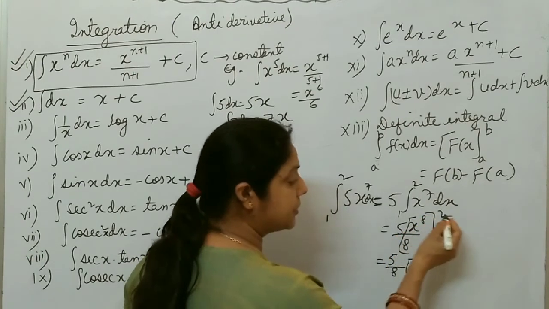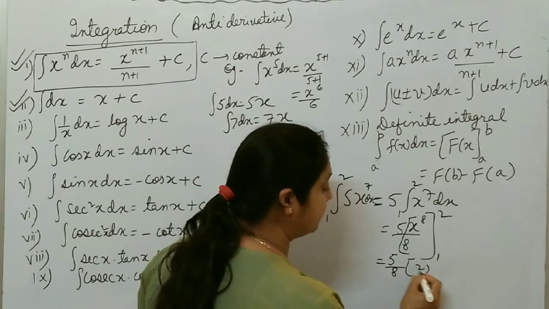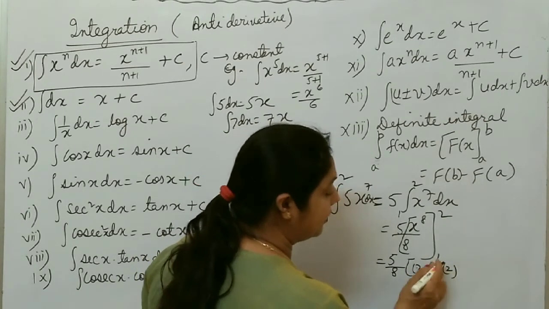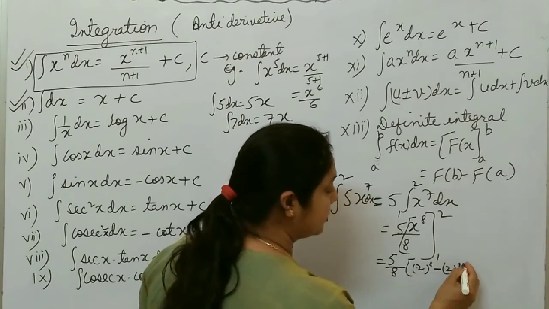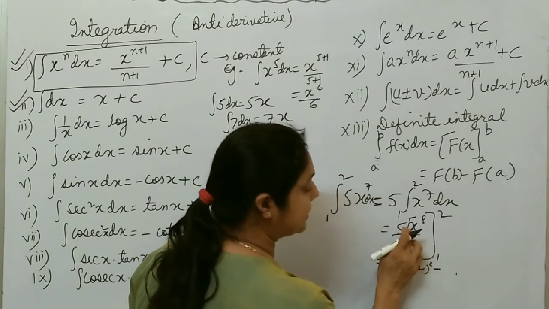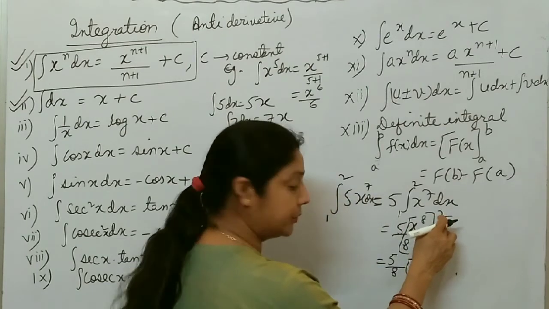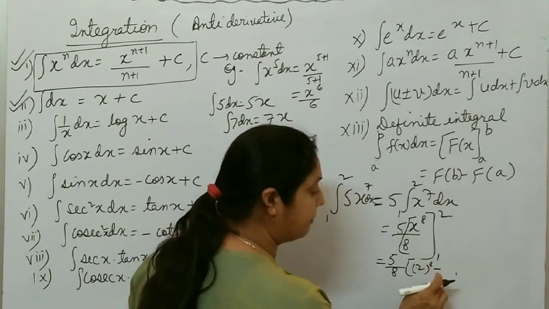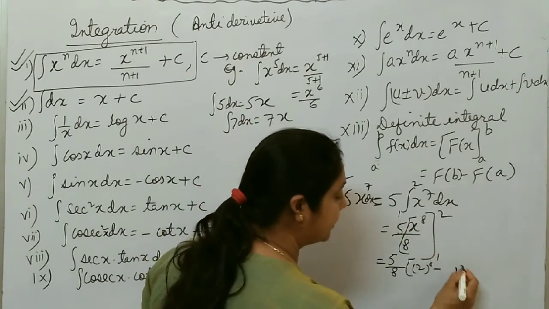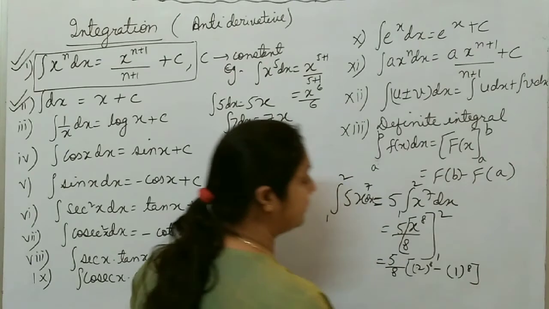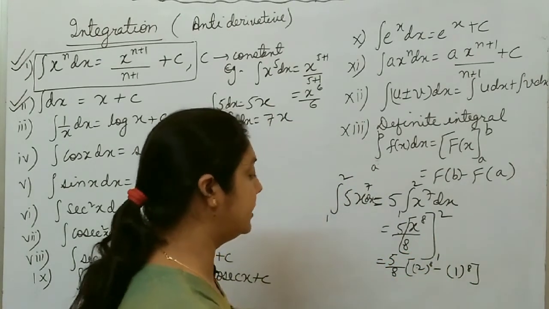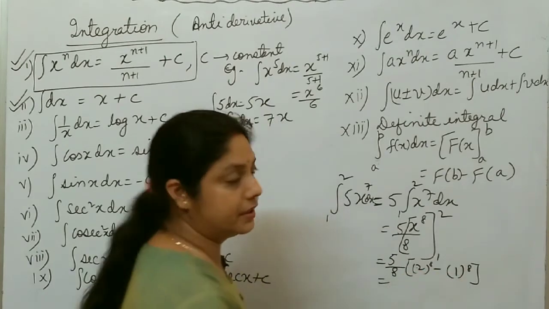In place of x, you put the upper limit 2, so 2 to the power 8 minus the lower limit 1, so 1 to the power 8. You put the value of x, first the upper limit, then the lower limit. In this way, you solve this one and get the result.